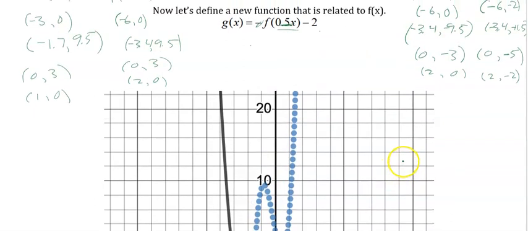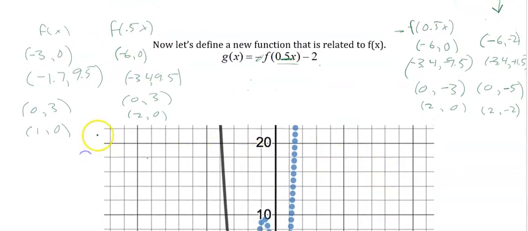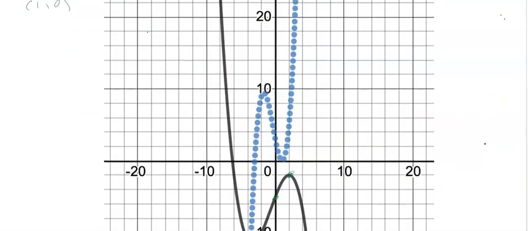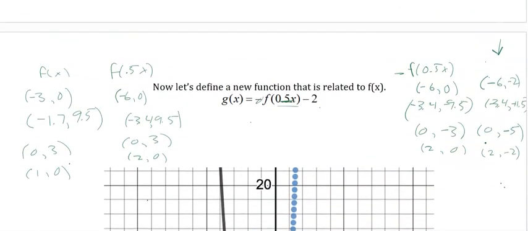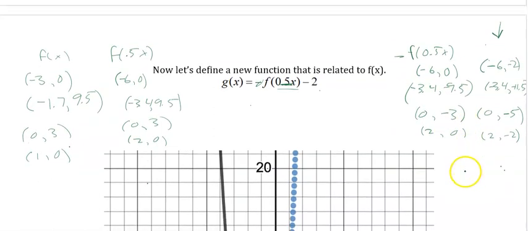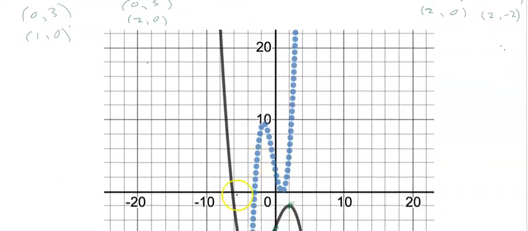So what I could do if I were trying to graph this is I could do this step-by-step, point-by-point process, and then I would have some points to sketch and get some idea of the shape because it's going to be somewhat similar to the original shape, but I would at least know where to put my graph.